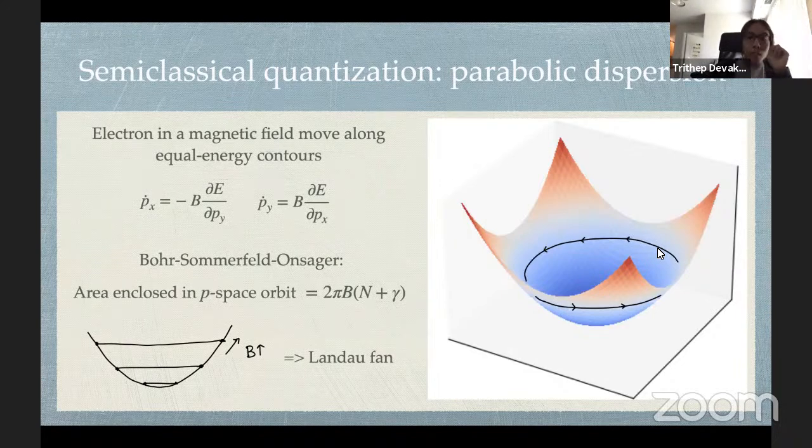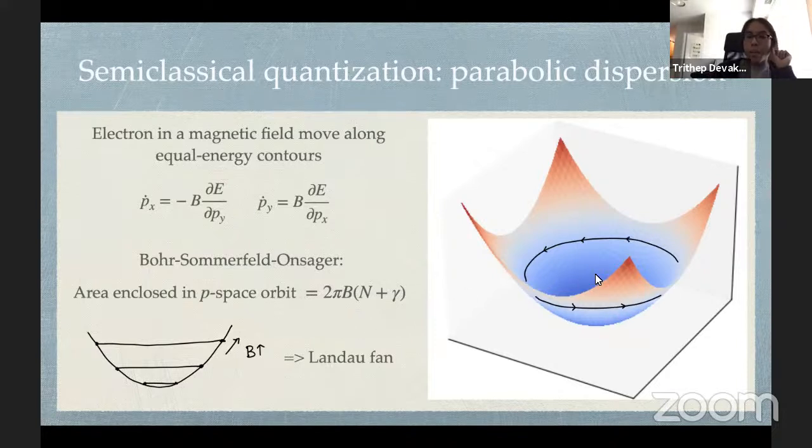The Bohr-Sommerfeld-Onsager quantization condition for this type of motion is that the total area enclosed in this p-space orbit should be 2 pi times the magnetic field times some integer n plus some offset gamma. In this case, gamma is just a half.